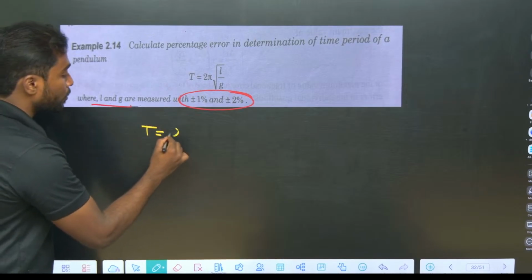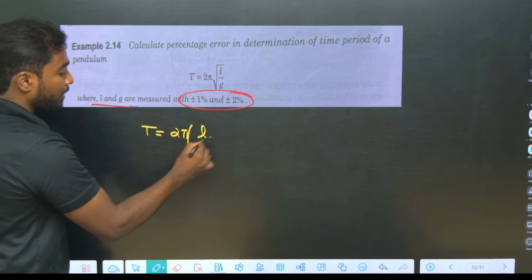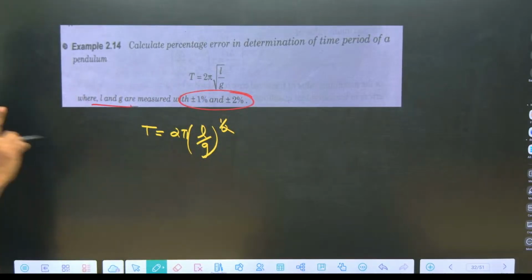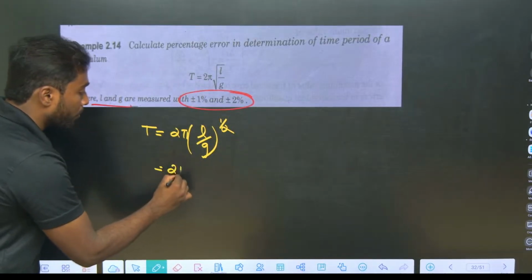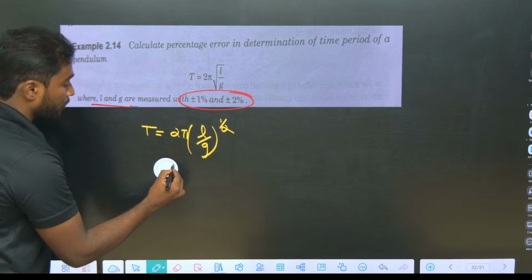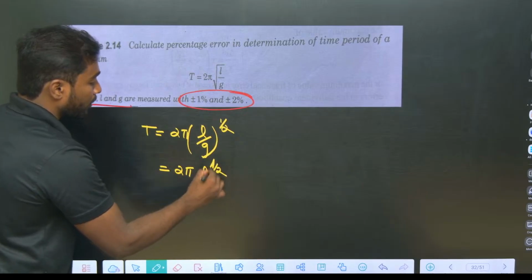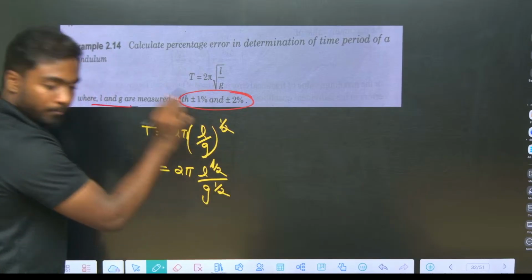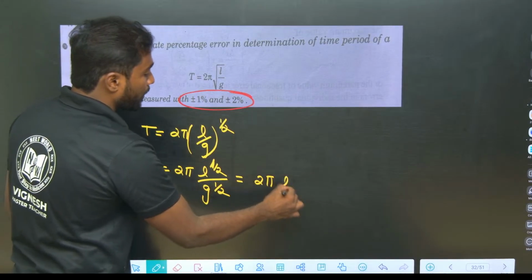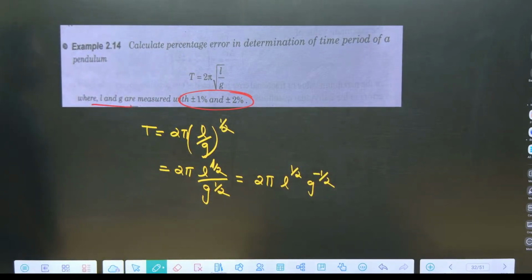T is equal to 2 pi root of L by G, L by G power 1 by 2, I can write, no. Now what I can do here, 2 pi into L power 1 by 2, G power 1 by 2, and again I can rewrite this as 2 pi into L power 1 by 2, G power minus 1 by 2, done.